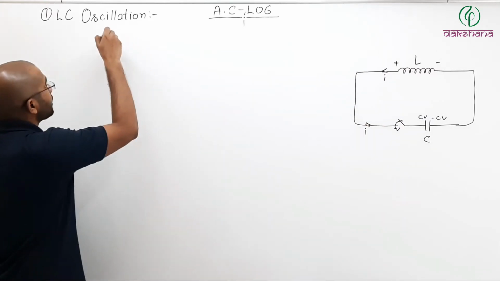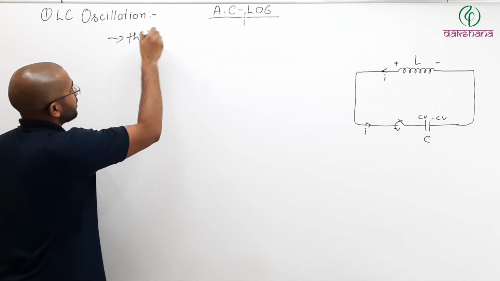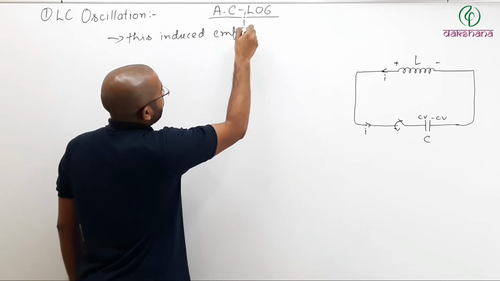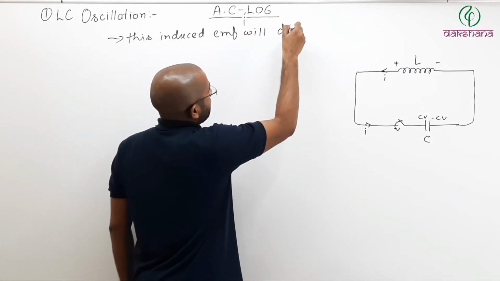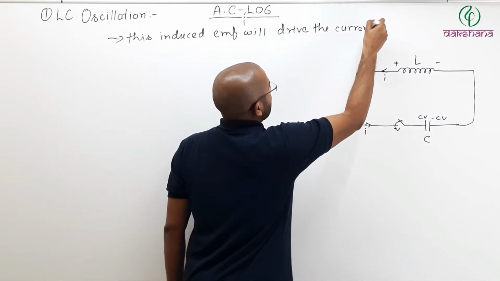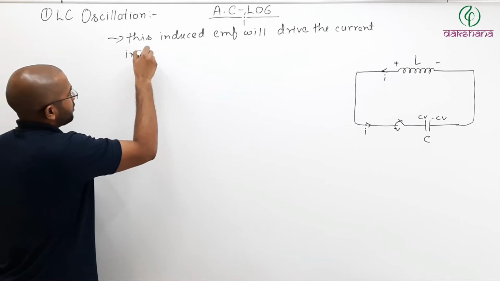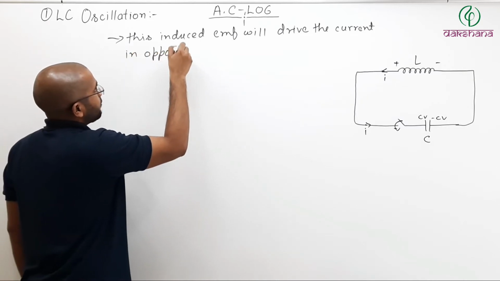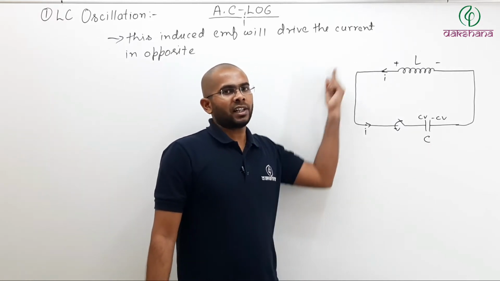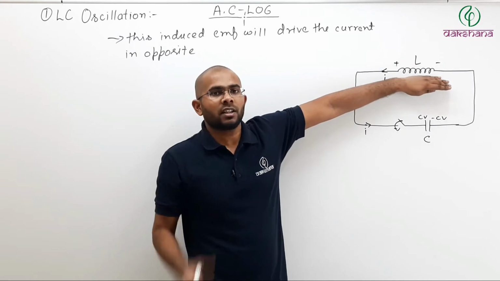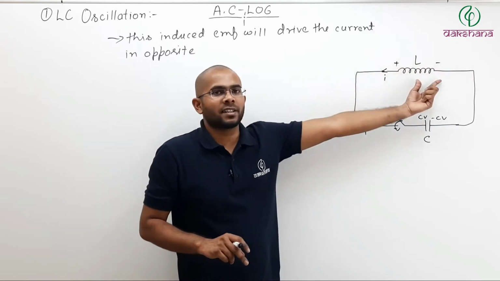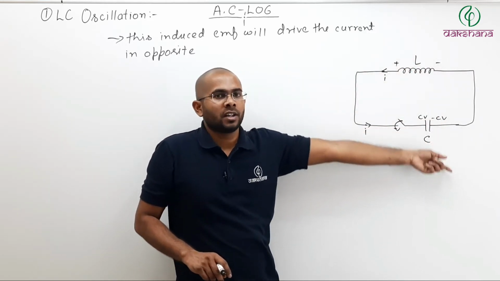So what I can say? This induced EMF will drive the current in the opposite direction, because initially what was happening? Initially the capacitor was charged, and the capacitor drove the current. Because of the current, this inductor stored some energy in the form of magnetic field. Now that magnetic field has energy and the capacitor has become discharged. Now what will happen?